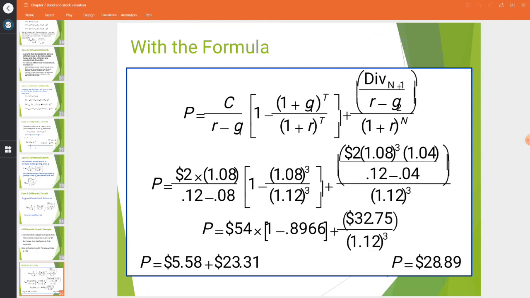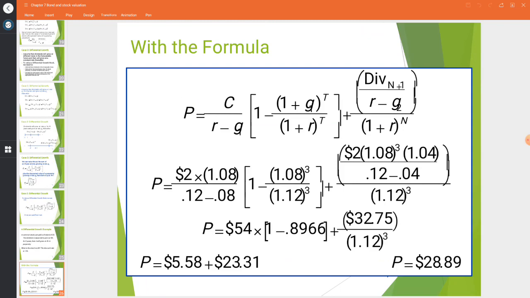In the second part, after the 3 years, we have another growth rate of G2. In this case, we are taking dividends at the end of N, which is 2 multiplied by 1.08 power to 3 multiplied by 1 plus G2, which is 4%, discounted by R minus G, which is 12% minus 4%, discounted by 1 plus R power to N, which is 1.12 power to 3.